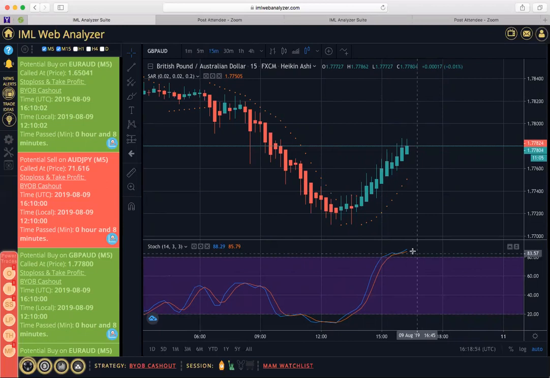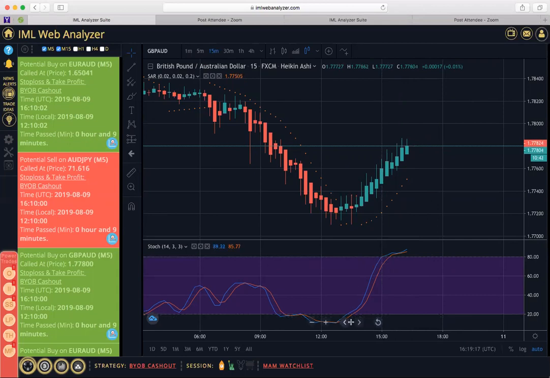So I will have to wait for my stochastic to flip and begin to turn in a downward motion. You see the candles and the PSAR is beginning to close, because this is a trade that we would have actually taken as a buy, and now we can turn around and take it for a sale when the market actually turns and prepares. So it is preparing for a sale, yet it's not ready for the sale.